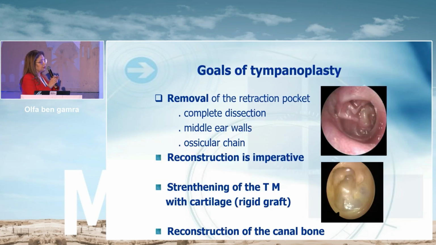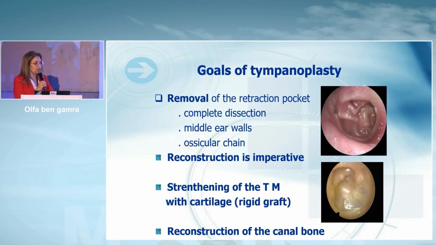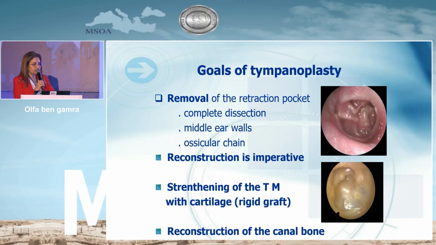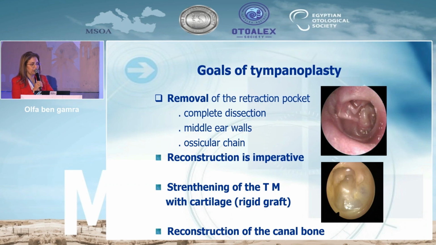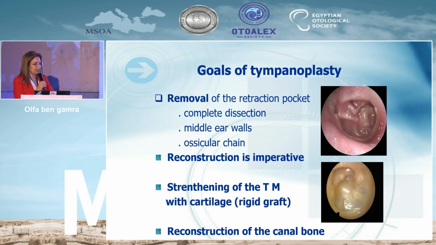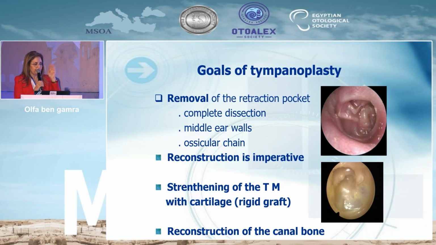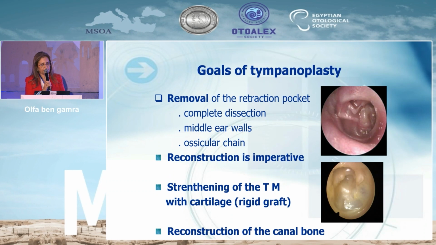What about the goals of tympanoplasty? First, to remove the retraction pockets, to remove the epidermal invagination, the epidermal tissue, and to completely dissect the retraction pocket. The dissection must be complete and done carefully from the middle ear structures.